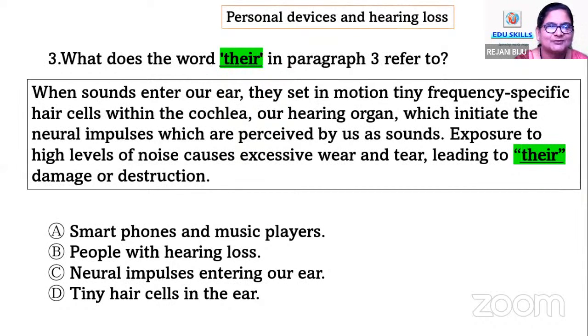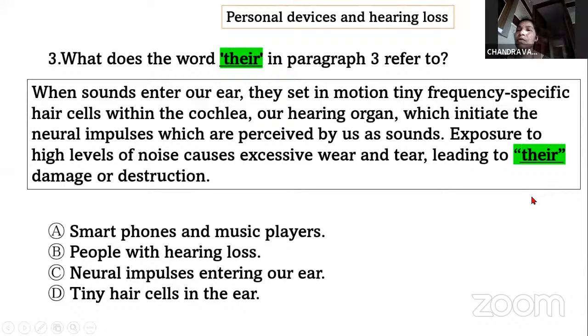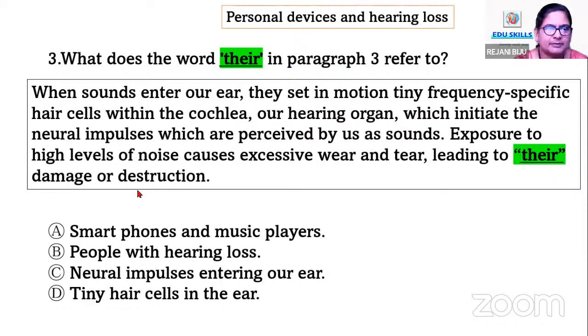What does the word there in paragraph 3 refer to? Okay, you can see that it is in the last part. Exposure to high levels of noise causes excessive wear and tear, leading to their damage to destruction. Okay, so what does the previous sentence say?